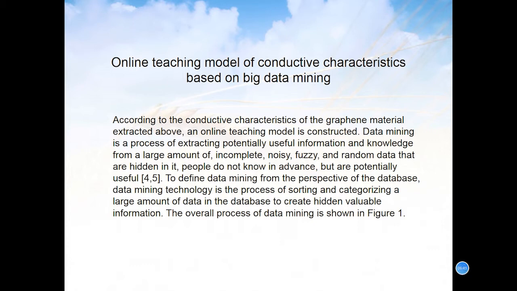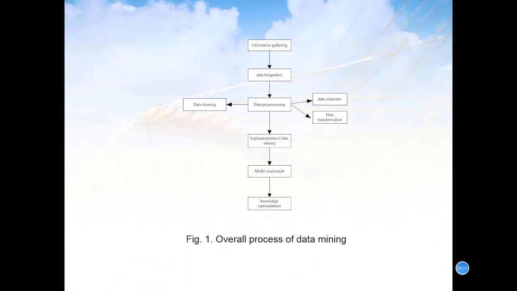The overall process of data mining is shown in Figure 1. This is Figure 1. Overall process of data mining. The first part is information gathering, and the next part is data integration, and the next is data processing.